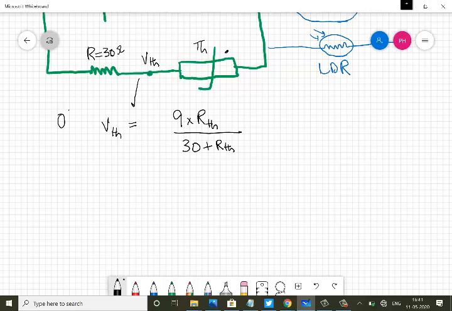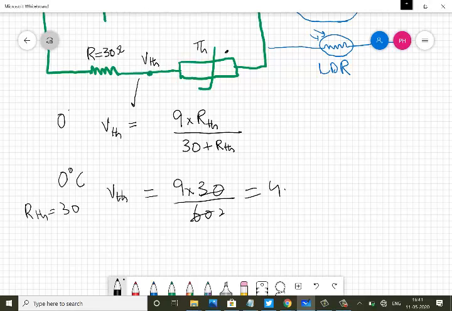When the temperature is 0 degrees Celsius, RTH will be 30 ohms, so VTH equals 9 into 30 divided by 30 plus 30, which is 60. That means 4.5 volts.